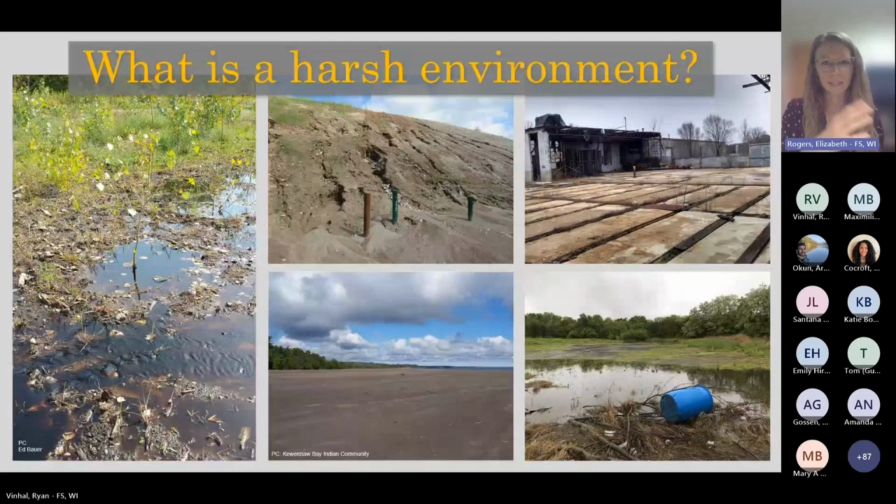And then something else that these sites all have in common that may or may not be standing out to you when you look at the pictures is that they all have some form of contamination. So whether that's soil or water contamination, those all come together to make these sites harsh.